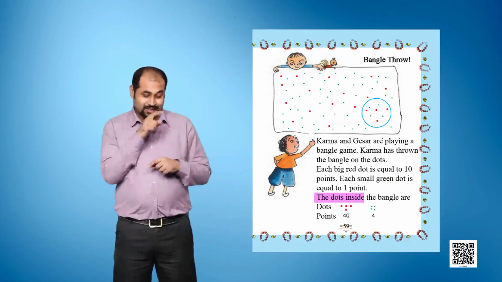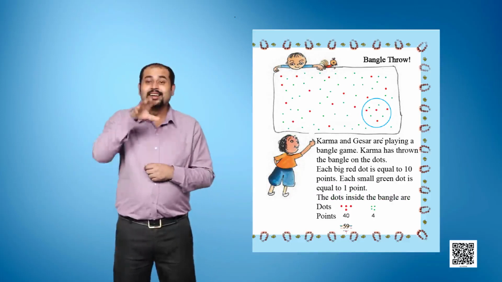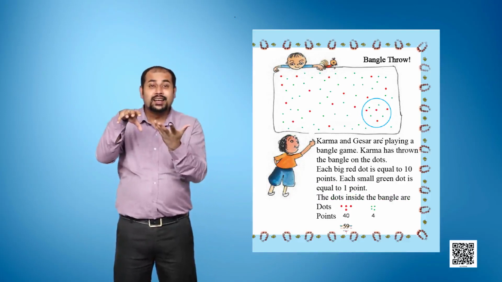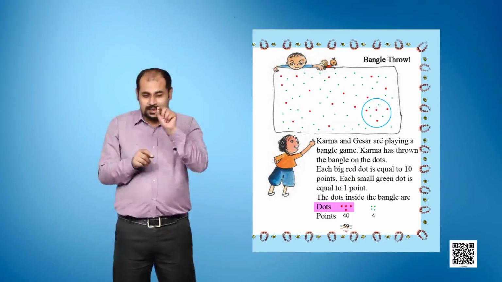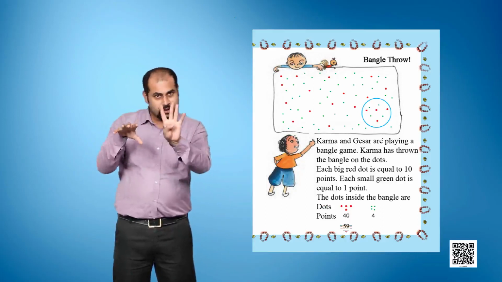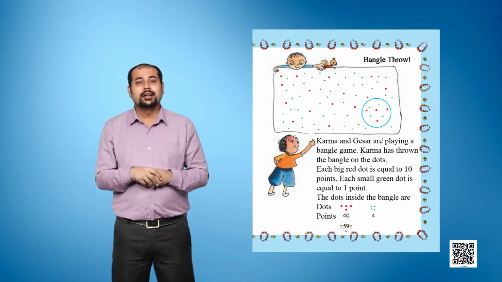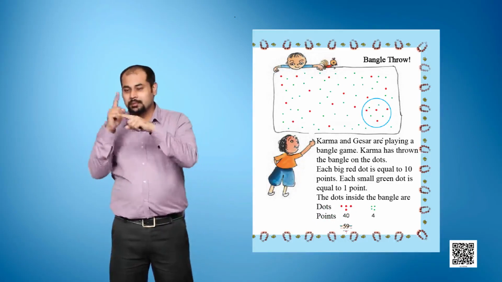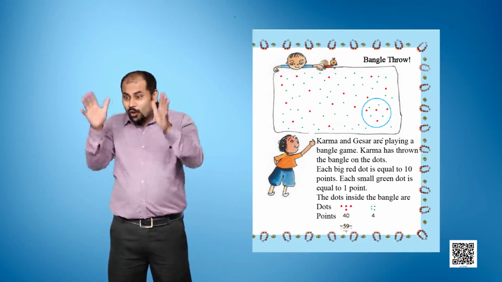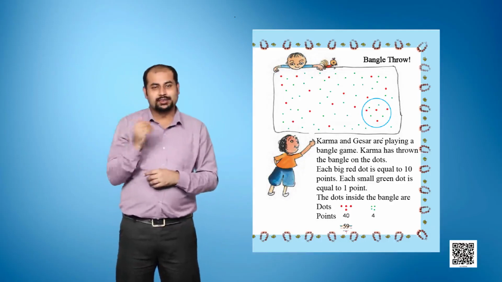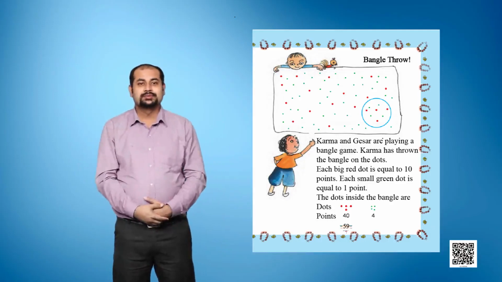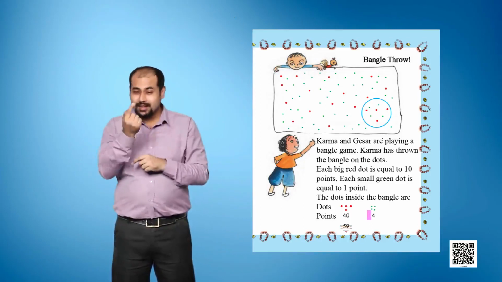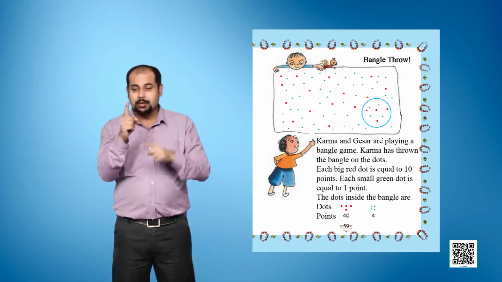The dots inside the bangle are 4 red dots, which is equal to 40 points, and 4 green dots, which is equal to 4 points.